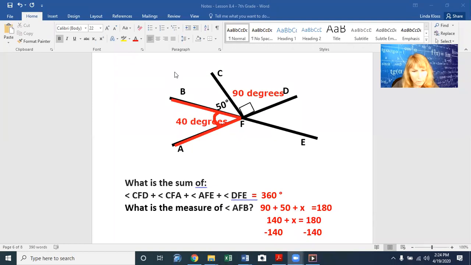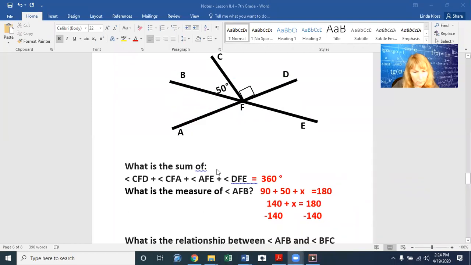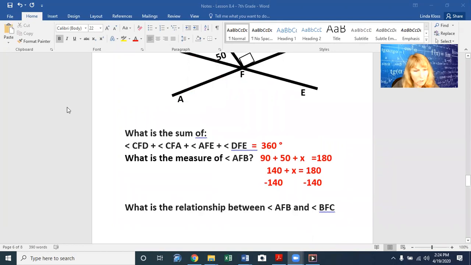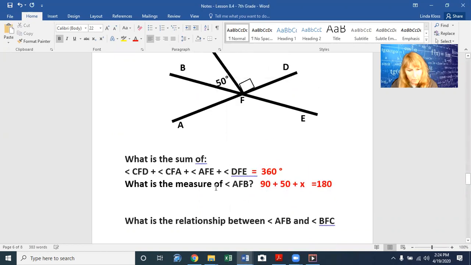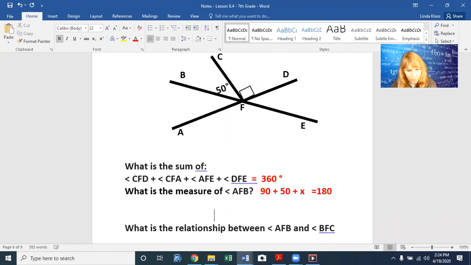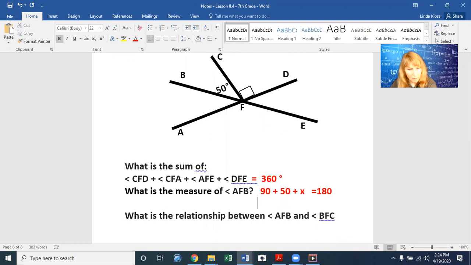Okay, I'll just clear all my drawings. Let's look at the relationship between AFB and BFC.